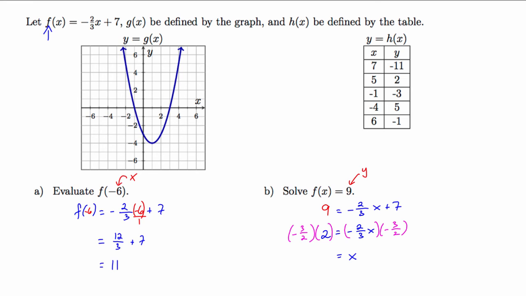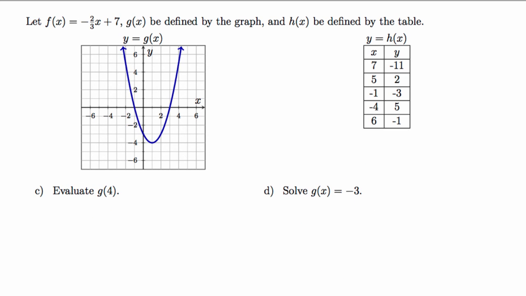And on the left side, we'll think of 2 as 2 over 1. So negative 3 over 2 times 2 over 1 is negative 6 over 2, which is negative 3. So we have found that the solution for the equation is negative 3, and we will give a conclusion in set notation. The solution set is the set negative 3.